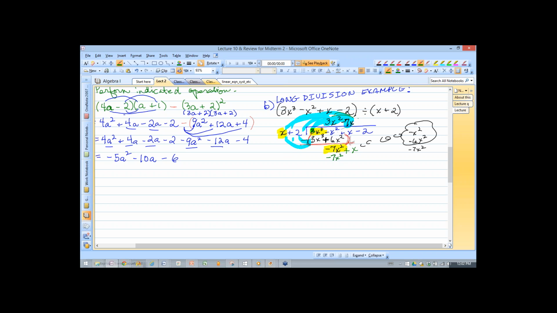Negative 7x times 2 is minus 14x. Put it in parentheses and subtract, like we said before. Notice both of these are negative, but once I do the subtraction, they go positive.